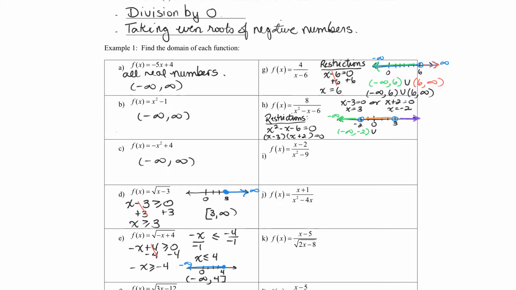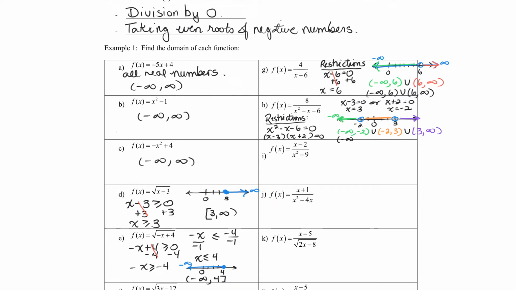Again, union. And then from negative 2 to 3, excluding both endpoints, union, 3 to positive infinity. And so that color coding kind of helps us out, right?